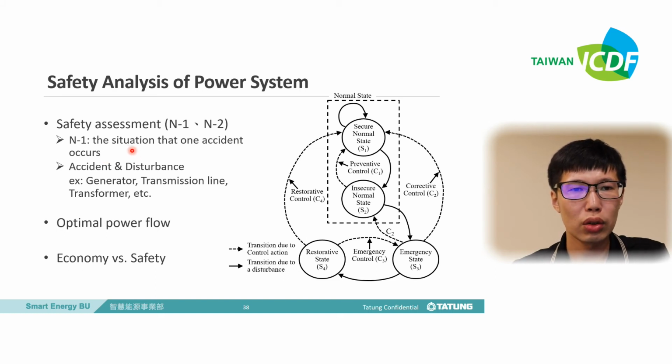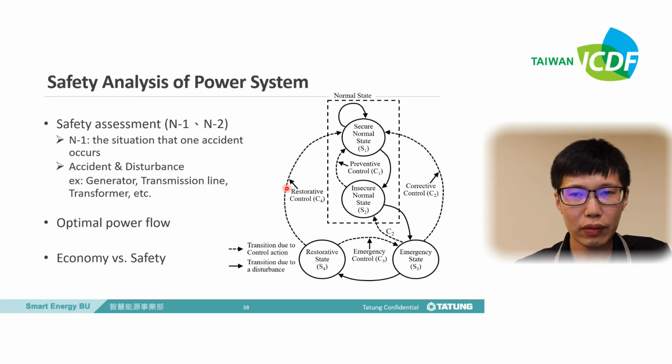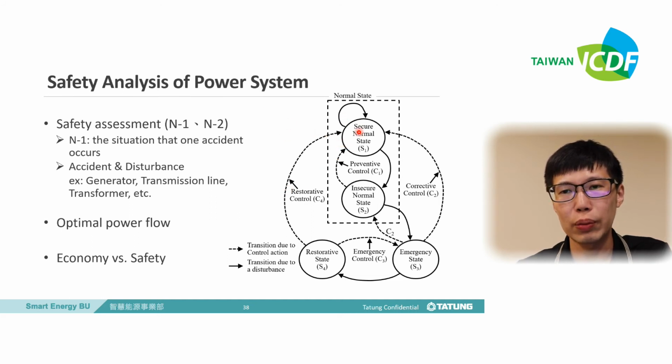So the operator will simulate the operation of the power system under the N-1 and N-2 situations. And if the power system can be stable under N-1 and N-2 situations, then we can say the power system is safe.